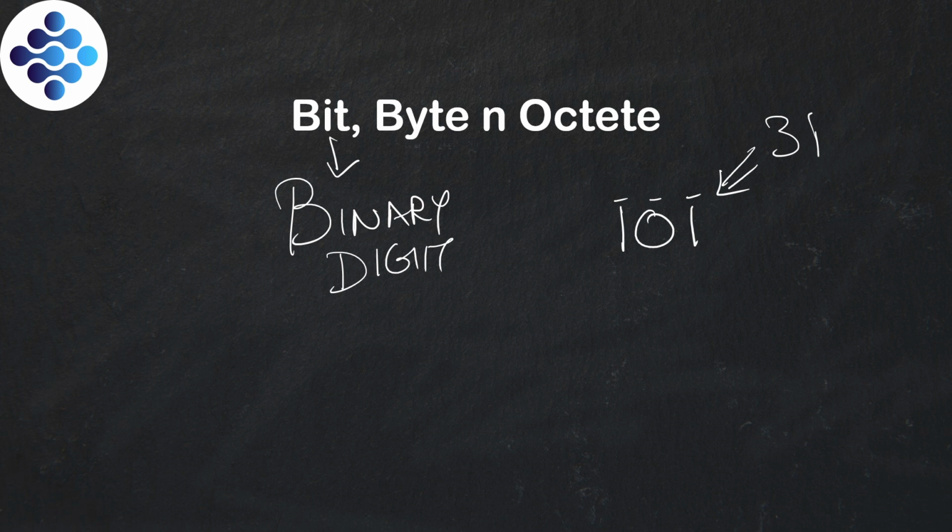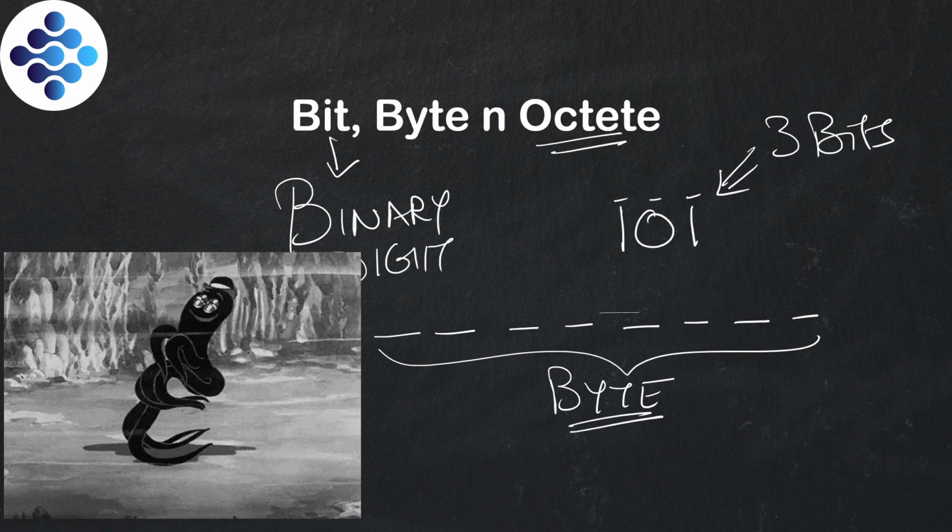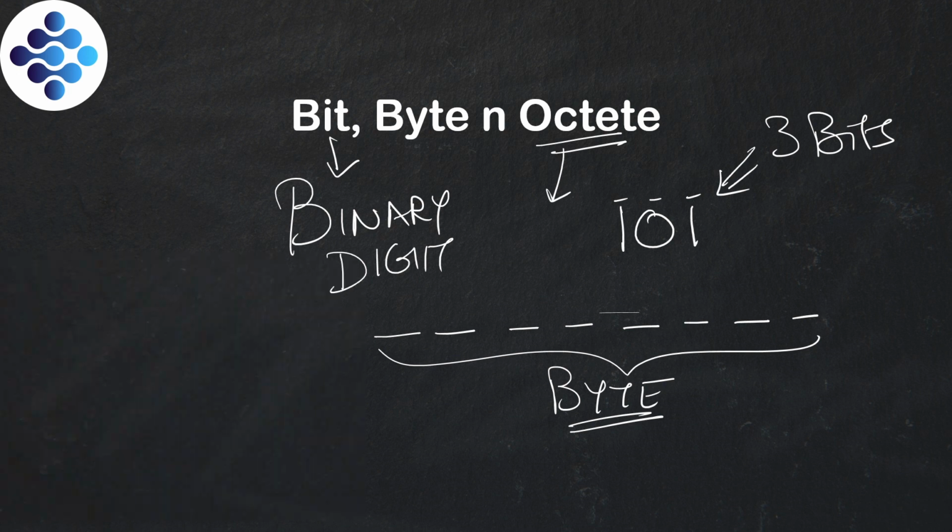Such 8 bits, 1 2 3 4 5 6 7 8, such 8 bits will be called a byte. And octet is nothing but a group of 8 bits, or 1 byte.